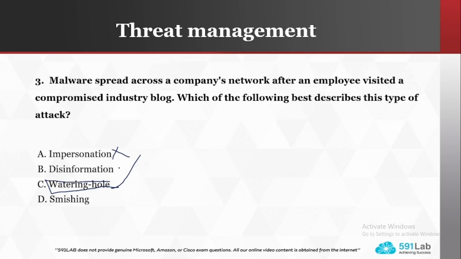This scenario focuses on malware delivery, not manipulating information. Smishing involves a phishing attempt using SMS. This scenario doesn't mention SMS, so this could not be the answer. Thus the correct answer is watering hole.